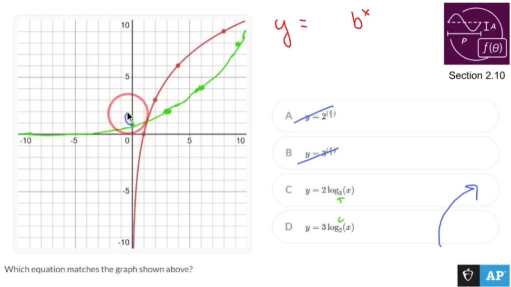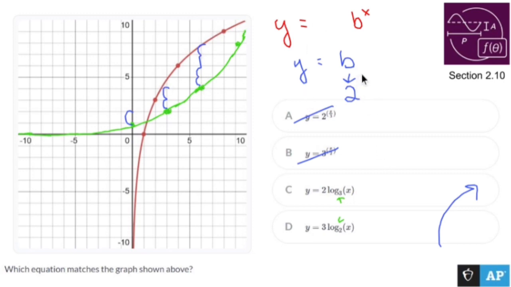I go up 1, and then I go up 2, and then I go up 4. b acts as a common ratio. So what I get here is my base, which is going to be 2, because I multiplied: I went up 1, then 2, and then 4.